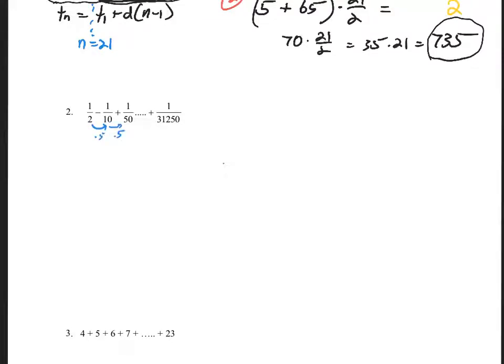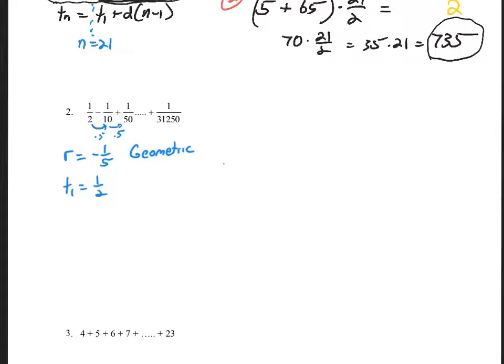And since it's alternating, and since this is in the denominator, we could tell that our common ratio is negative 1/5. This is certainly geometric. Now, just like in example number 1, we need to write down what the first term is, which is 1/2.